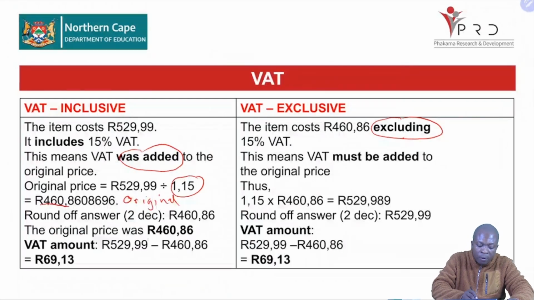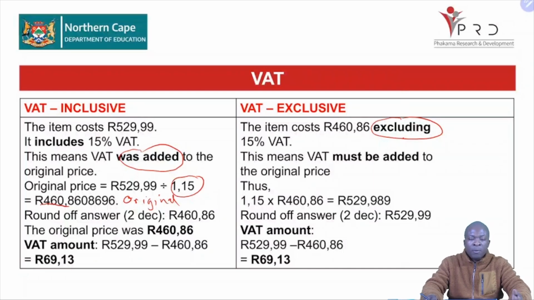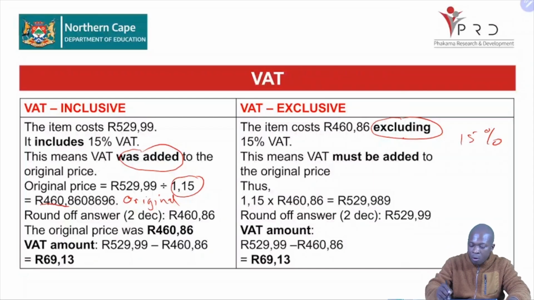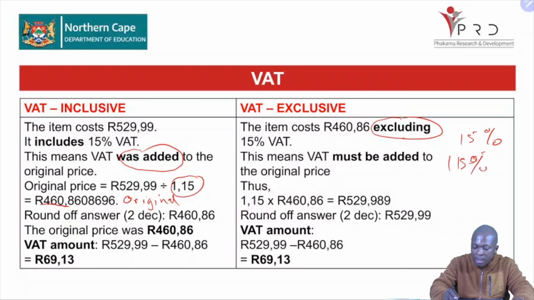Then, if they ask you to find the VAT, now that you know the original and you know the inclusive, you can subtract the two of them so that you can get your correct answer. What about if it was exclusive? It means now you can find 15% and add it. Or you can just multiply everything by 115%. I hope you understand what I'm talking about here.